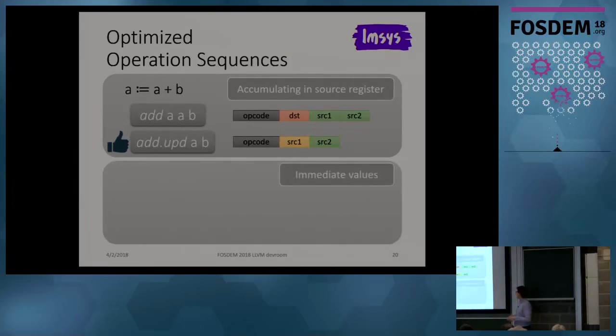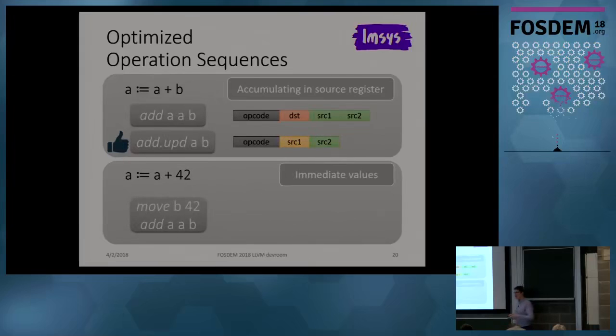The other special variant of instructions is working with immediate values. Now if you consider A equals A plus 42, then if we have just a regular add instruction, like in the previous example, add A, A, B, then it means that 42 should be in a register.